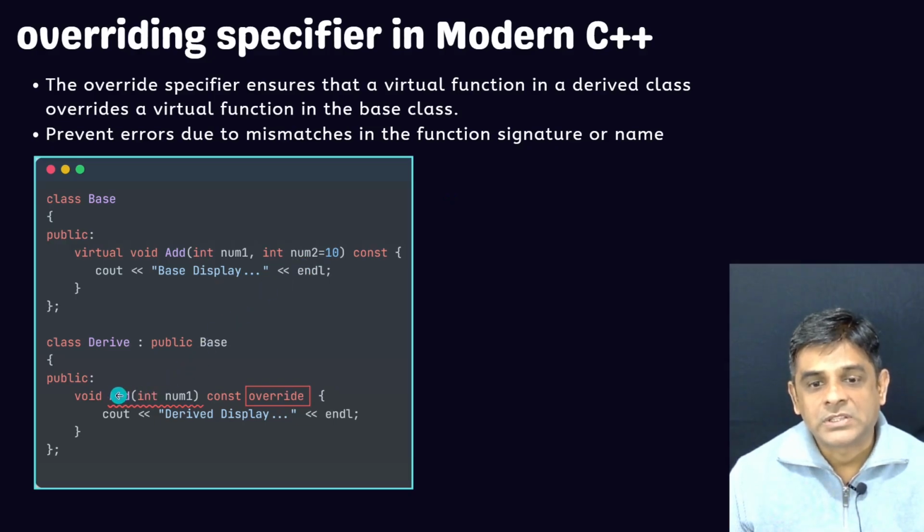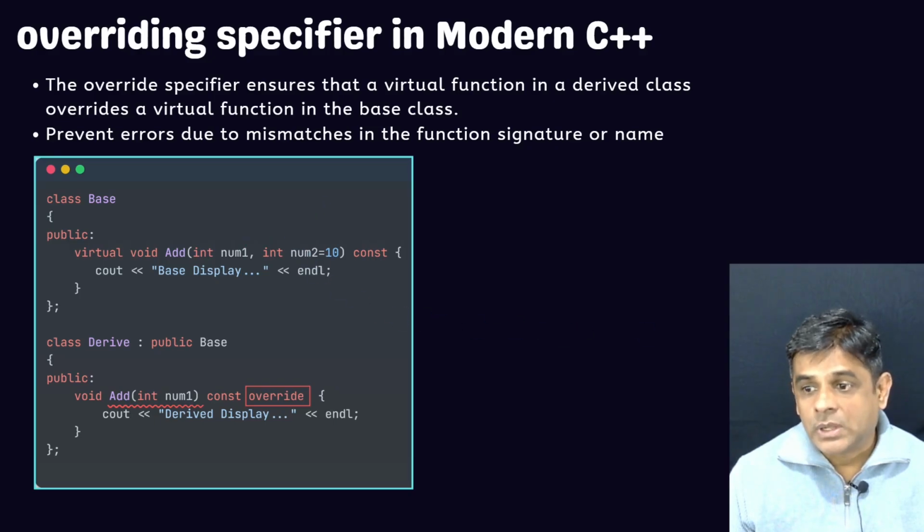Consider we have many methods with similar names, but maybe some spelling mistake is there. At that time also it gives this error. So the override specifier helps to prevent errors due to signature mismatch. This is the only reason they introduced the override specifier.